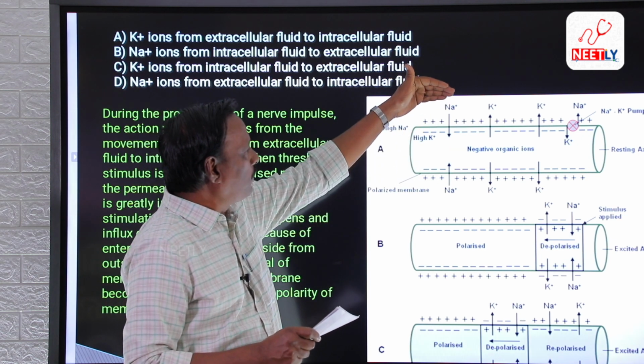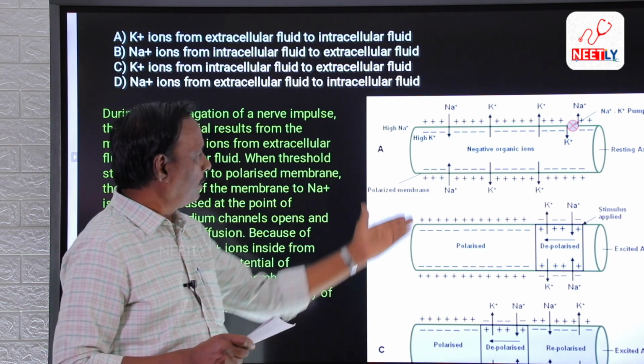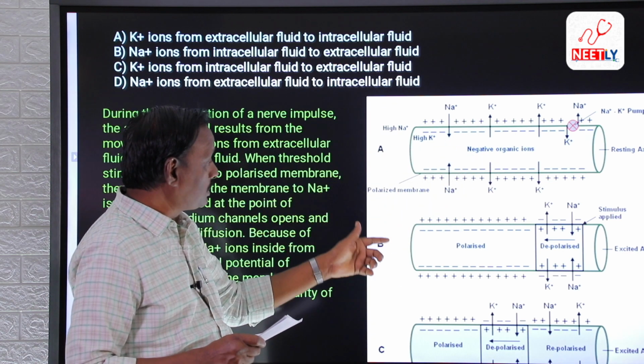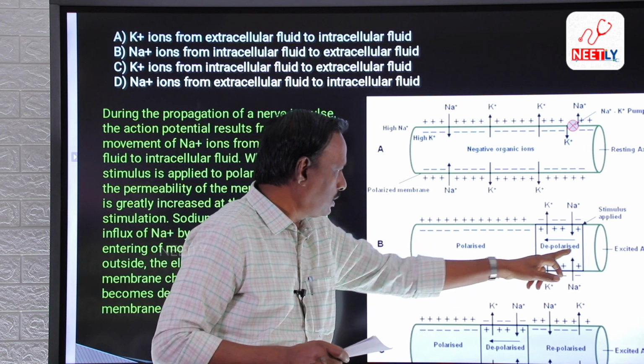So there is no possibility of entry of sodium inside the neuroplasm.